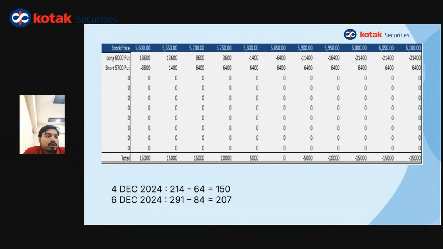So I'm just taking the closing options data. The difference you can see is 150 when you're entering the strategy, but when you're exiting the strategy, the difference is 207. So 57 rupees is the net profit that you earned by entering into this bear put strategy in crude oil.